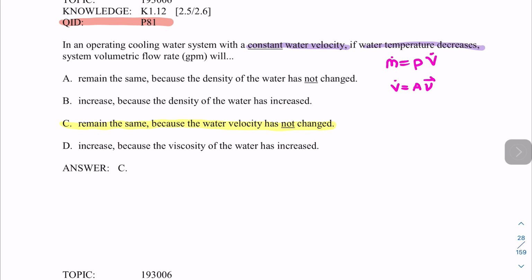So if we have a decrease in the temperature, we know that if we decrease the temperature, we're going to increase the density. That's one relationship that we can use.